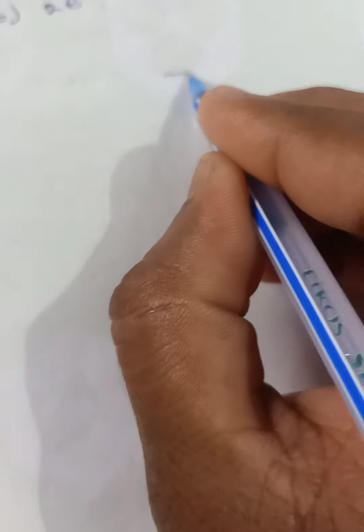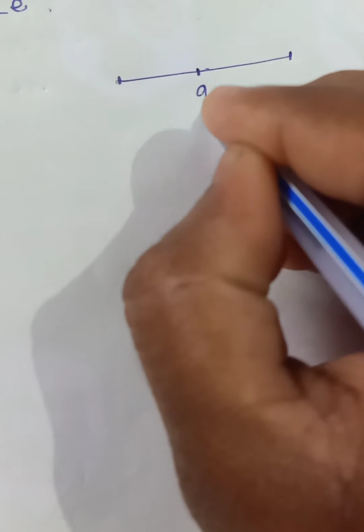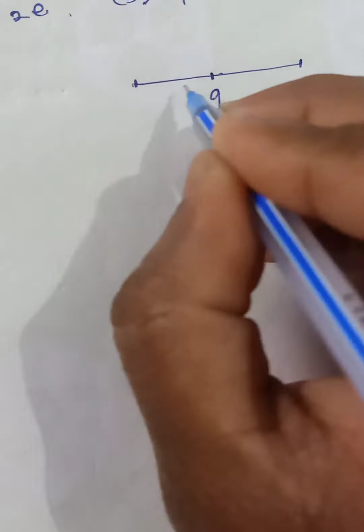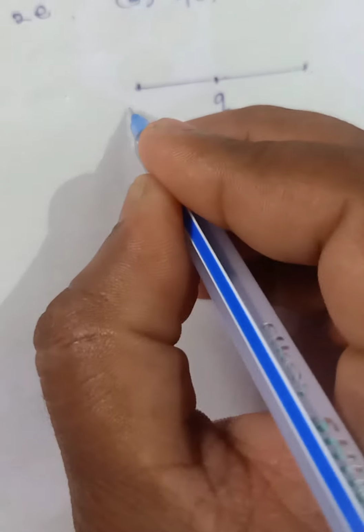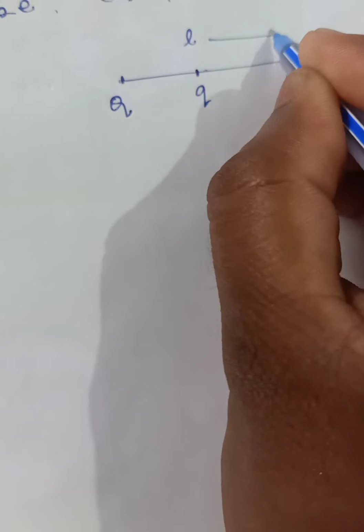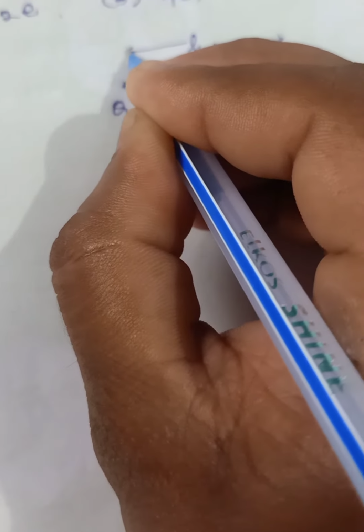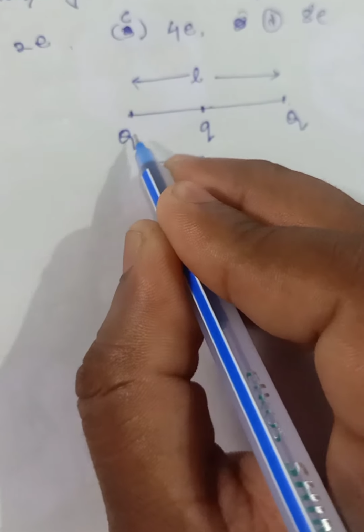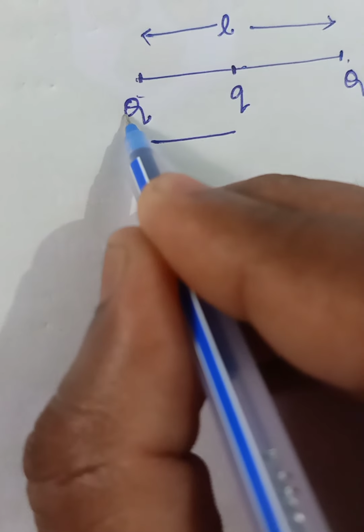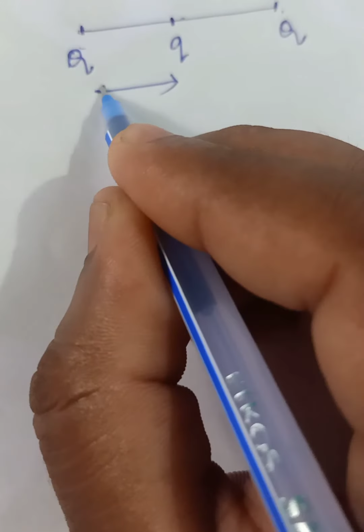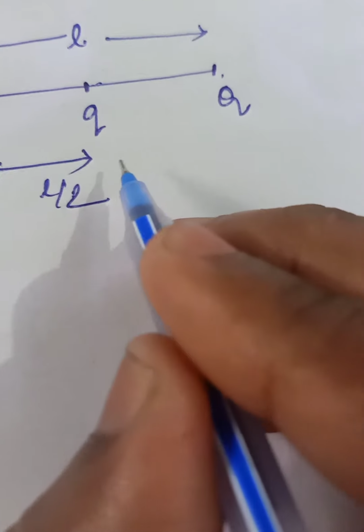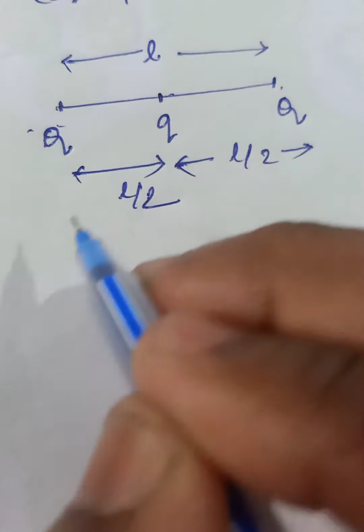The charge small q is at the center of the line, and here one charge is capital Q, another charge is capital Q. The total end to end distance from one charge to the other is L. So the distance from capital Q to small q is L by 2, and the other distance is also L by 2, because small q is the midpoint of the two charges.